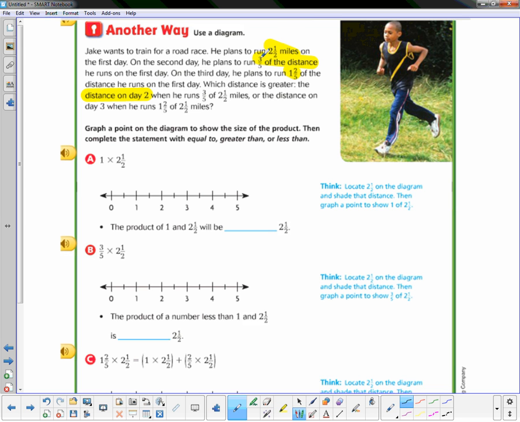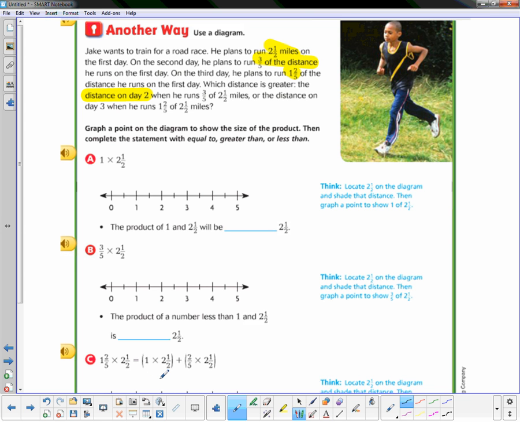He runs 2 1/2 the very first day. So that's timesing it by 1. He decides to run 3/5 of that amount on the second day. So he actually has to times 3/5 by 2 1/2 to figure out how much that is. And then on the third day, he's going to actually run more, 1 2/5 of the same distance he runs on the first day.